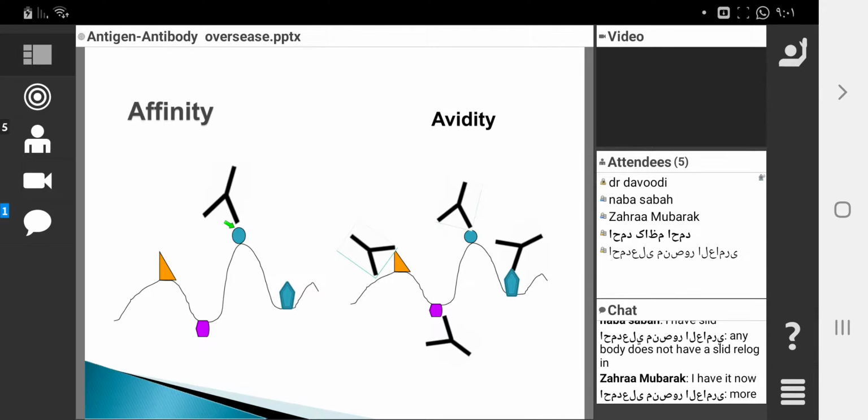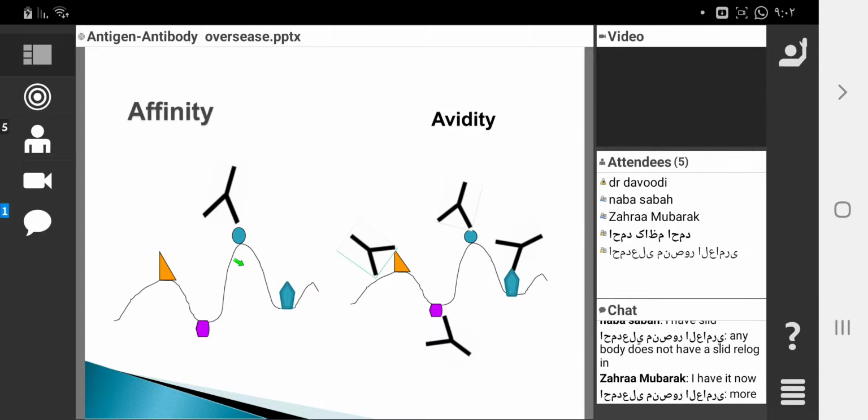In Persian it is tamayul, but I'm not sure how we can say it in Arabic. So the tendency between epitope on the antigen and paratope on the antibody is called affinity.